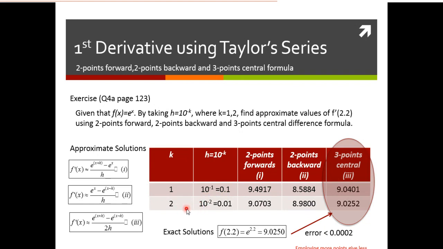And at k equal to 2, the step size will be 10 to the power of negative 2, which equals 0.01. And then you can go straight to the three equations that you have created earlier.